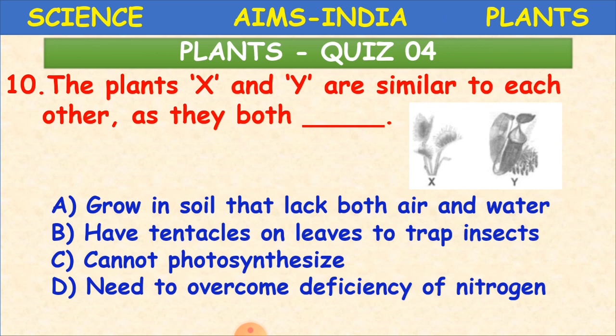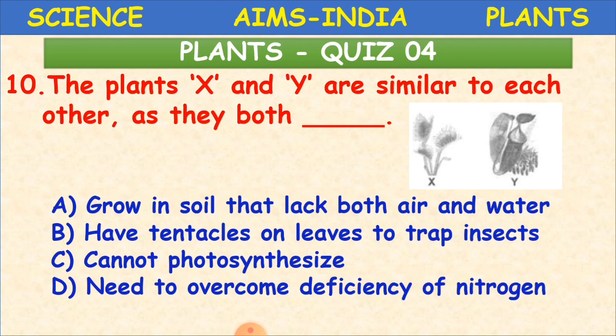So here our options are: A, grow in soil that lack both air and water; have tentacles on leaves to trap insects; cannot photosynthesize; need to overcome deficiency of nitrogen. As I said, these plants X and Y are both insectivorous.